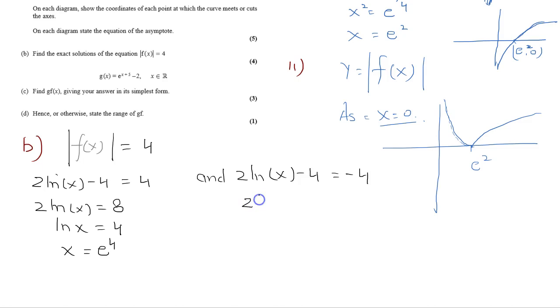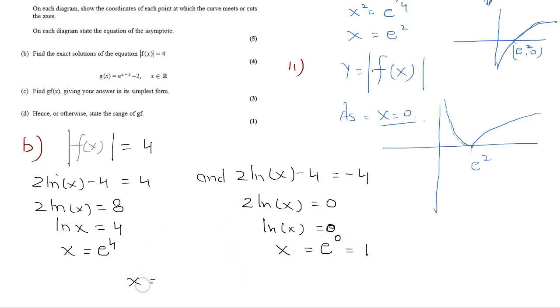and 2 ln x is equal to minus 4 plus 4, 0, so ln x is equal to 0, so x is equal to e to the power 0, that is 1.